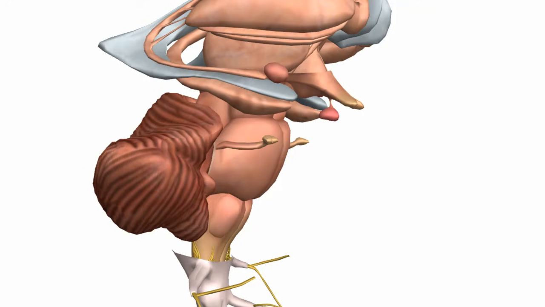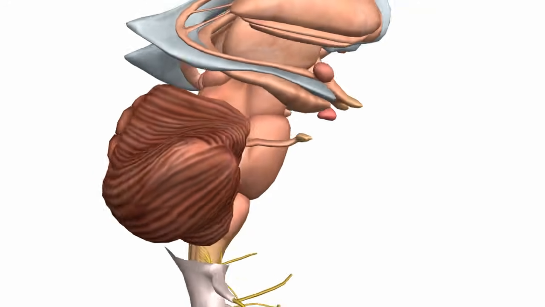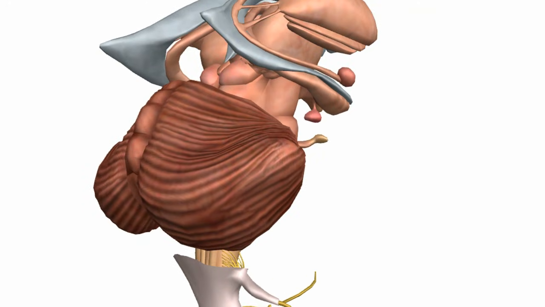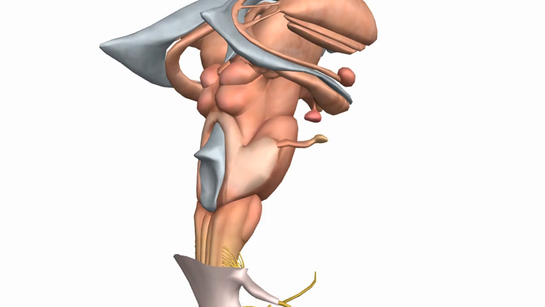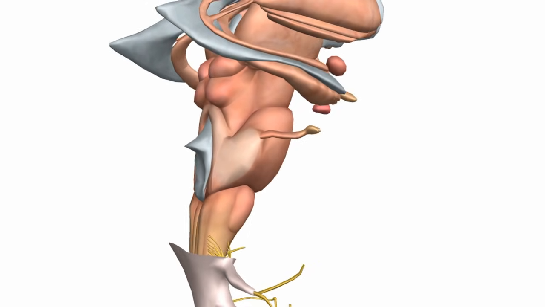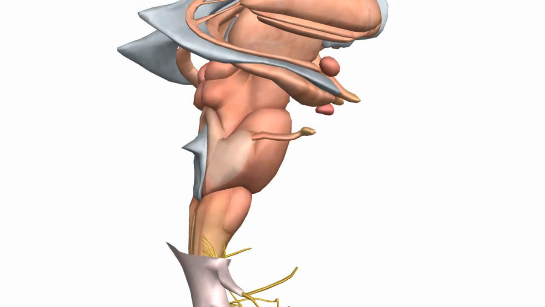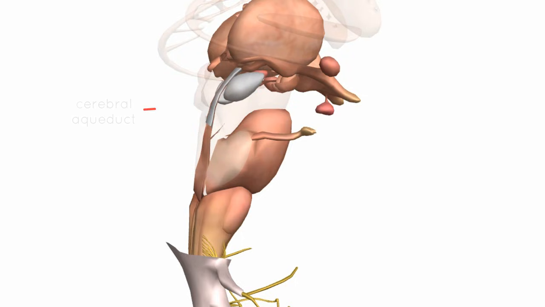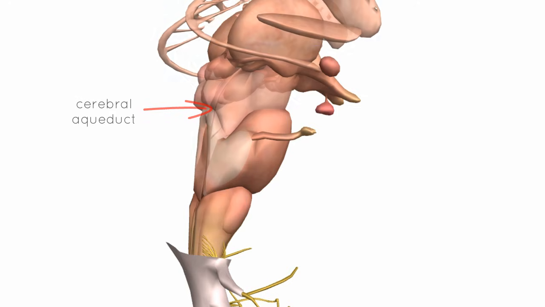If I just rotate this around, remove the cerebellum, you can see the fourth ventricle here sitting within the pons. If I just fade out the brain slowly, you can see the cerebral aqueduct connecting the third ventricle to the fourth ventricle, like that.